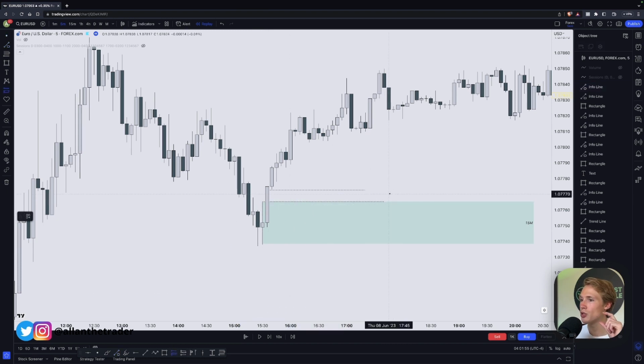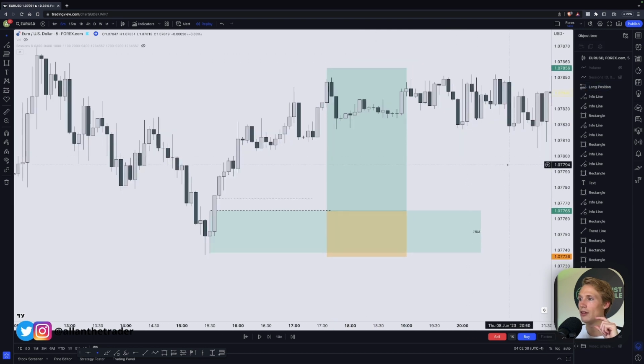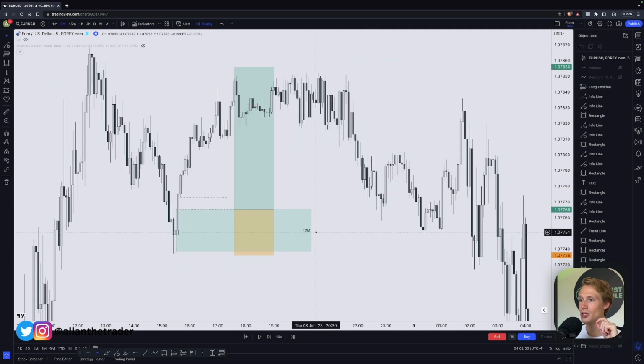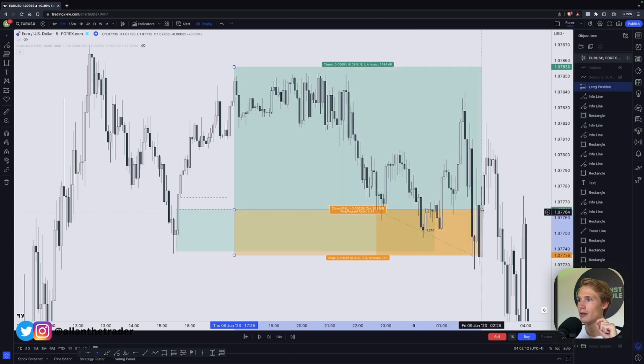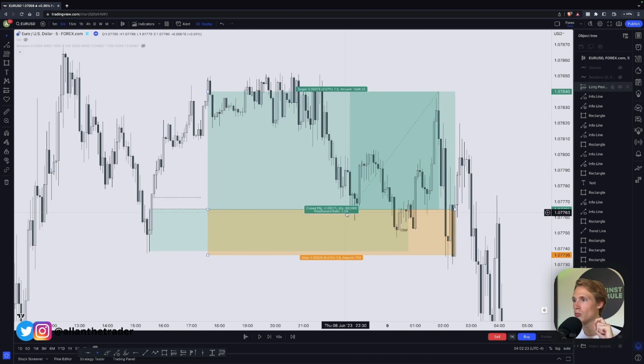So again, if we just placed our entry on top of the demand zone, let's see what would have happened. So as you can see, it responded to the demand zone 2 times actually, here and here. And if you place your stop loss below the demand zone, you could have had a 2.6 risk reward.